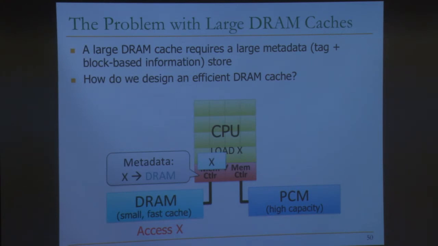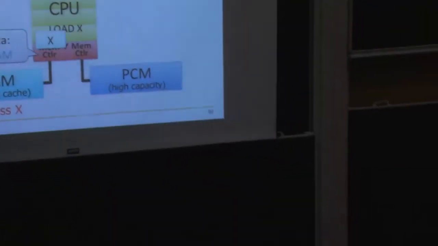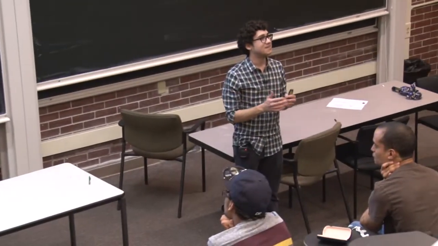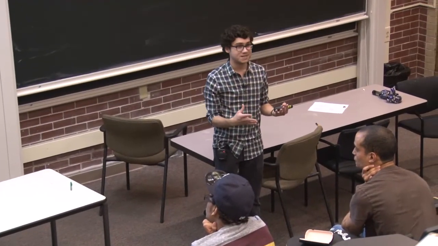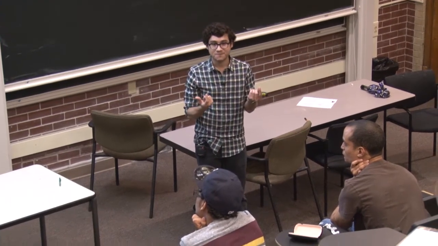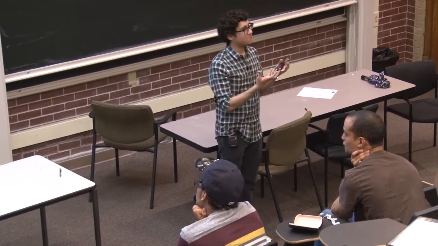OK. What's the problem with this system? Well, even though it's just shown as this sort of gray bubble here, that metadata can actually get really, really big, especially when you start to look at DRAM caches that are, say, 8 gigabytes in size or larger. The metadata can easily approach the size of a last level cache in the processor, and it's made of the same basic cells, SRAM. So what would you rather do?